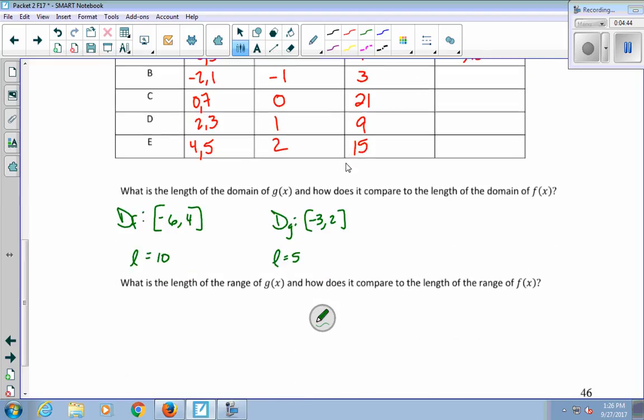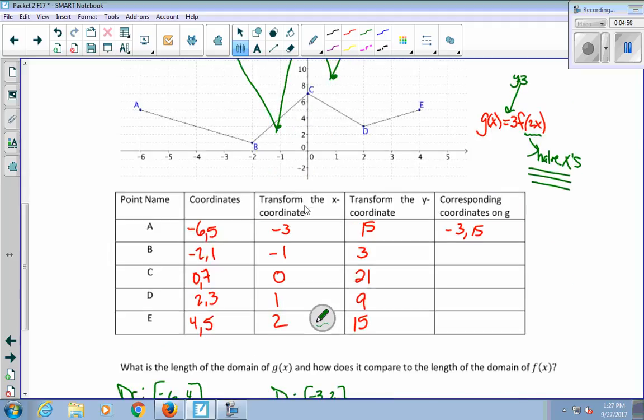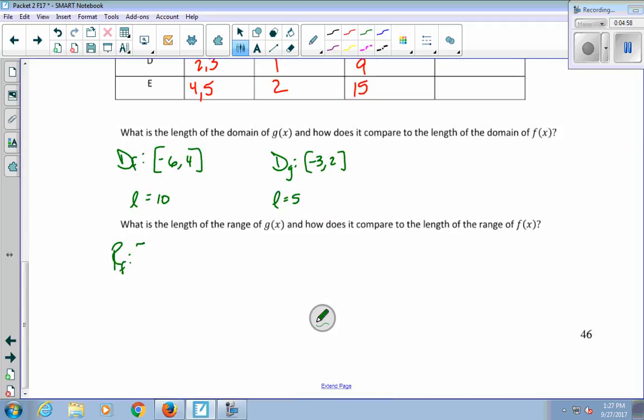All right, let's look at the length of the ranges of f and g. The range of f, the original function: the smallest y value is 1 and the biggest is 7. So the range of F is 1 to 7.